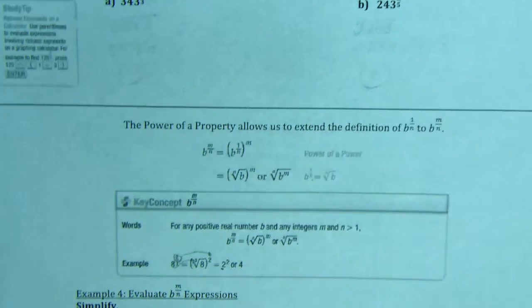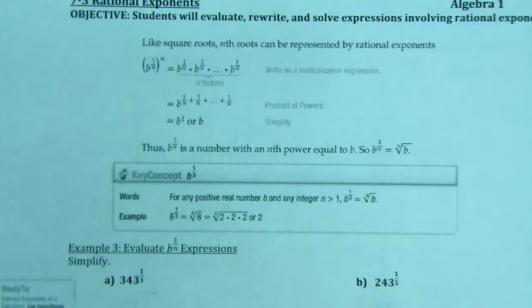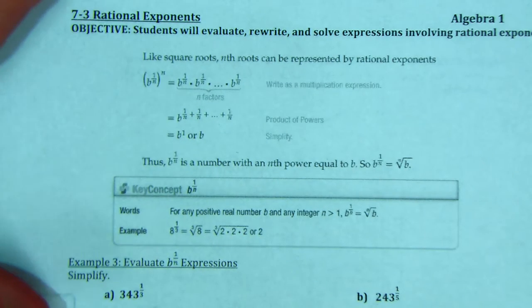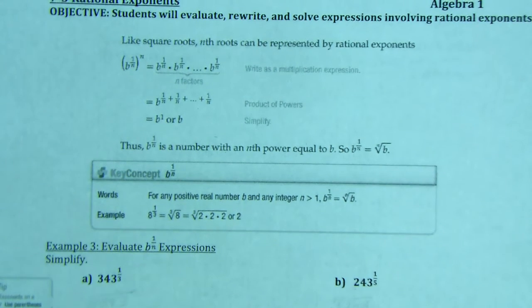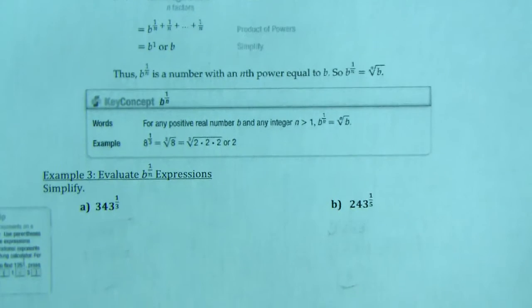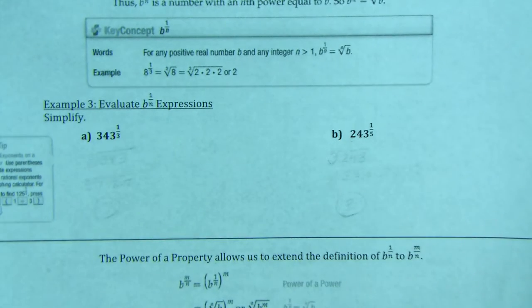We are going to continue to get complicated. All right. They're going to put it as a fractional exponent or a rational exponent, and ask you to simplify it. So you need to remember that a fractional exponent is really just a root of whatever the denominator is.